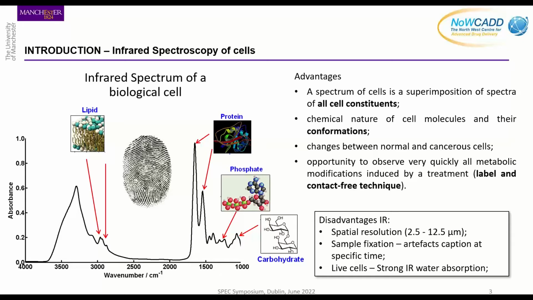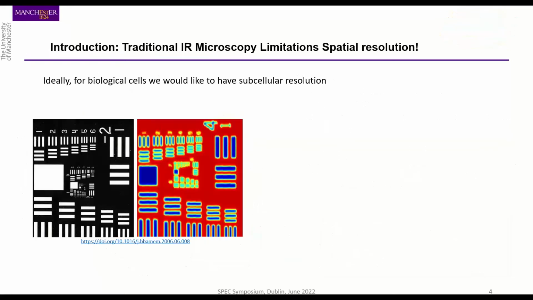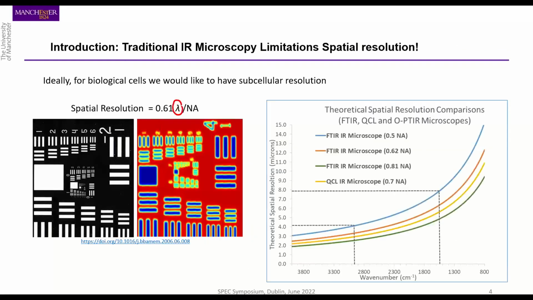So that's the direction that we want to go in. So that's what we're into. Mustafa has already shown this, the problem of the spatial resolution. And importantly, that the spatial resolution in an infrared, conventional infrared technique is wavelength dependent. And that can be a real problem.